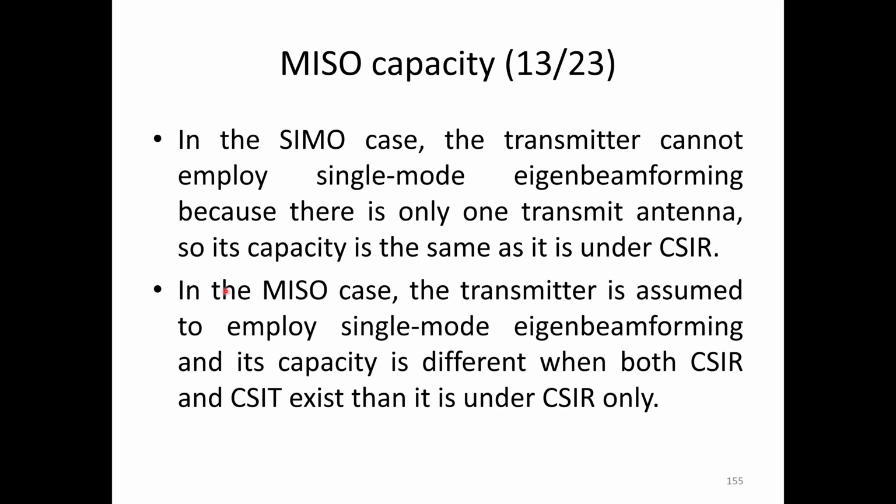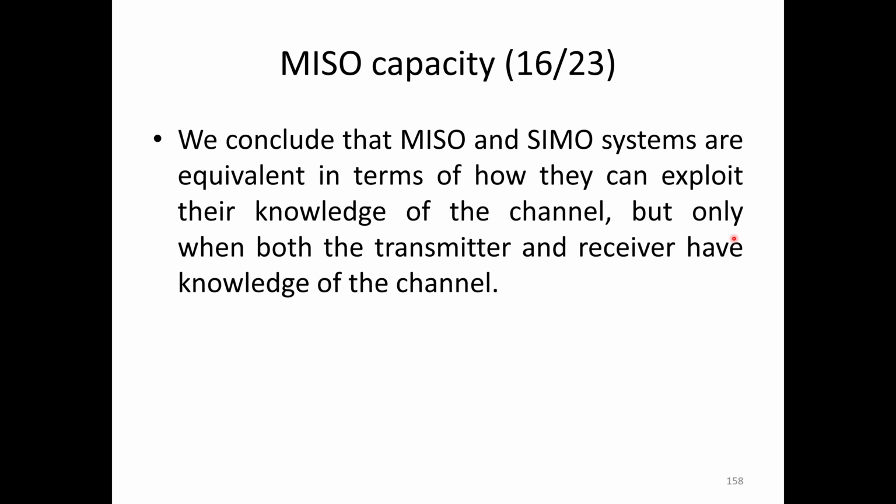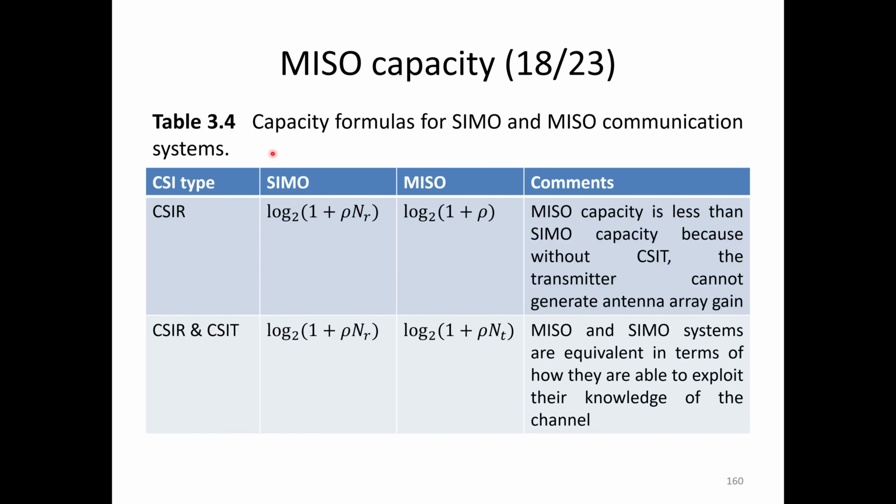I think these two sentences may confuse you because we have four cases. Let us go to a table. Table 3.4 shows the capacity formulas for SIMO and MISO communication systems. We have two CSI types: the first is CSIR, and the second is CSIR and CSIT.